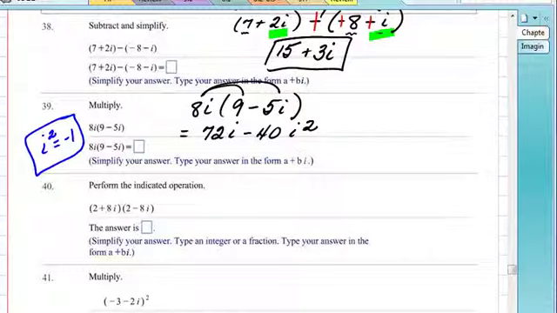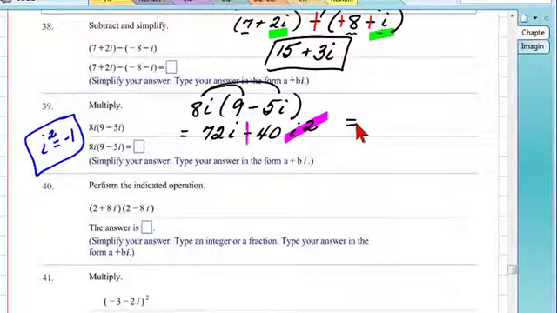I'm going to get rid of the i squared. In my mind, I'm replacing it with multiplication by a negative 1, and that will always change the sign of the term that it belonged to. i squared is equal to negative 1, and negative 1 times negative 40 is positive 40.